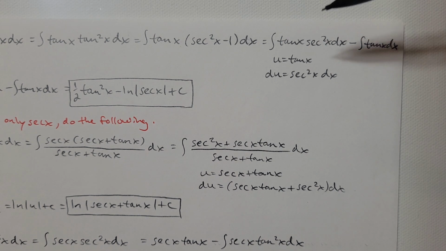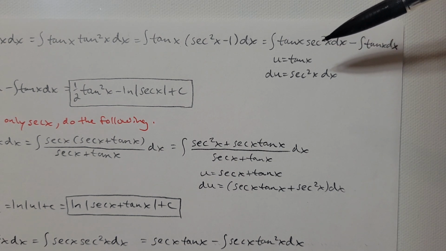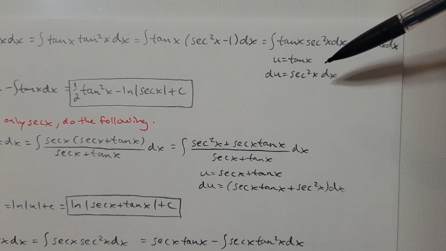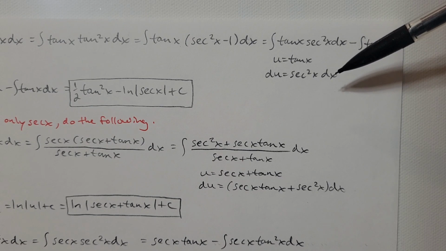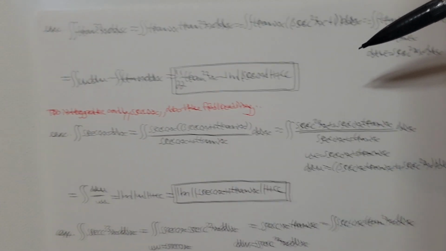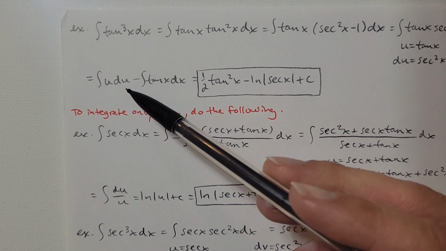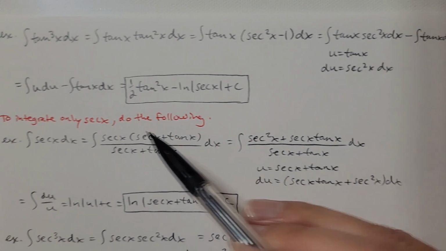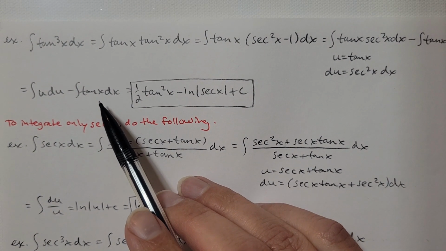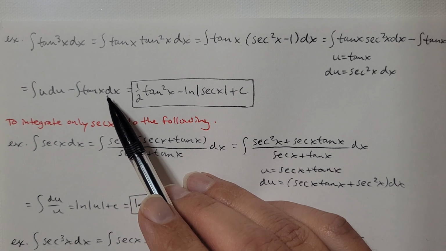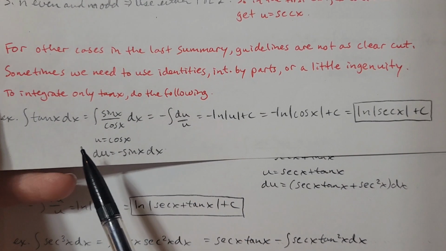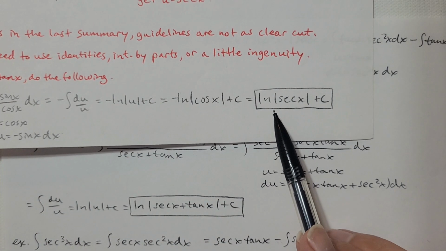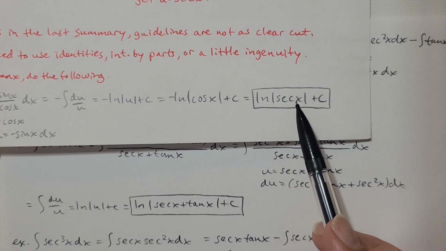The first integral would just involve a u substitution. If u is tangent x, du is secant squared x dx, right? So I'd be integrating u du. Then this other integral is minus the integral of tangent x dx. Well, we've already done that, so that was this guy right here. The integral of tangent x dx is the ln of the absolute value of secant x plus a constant.